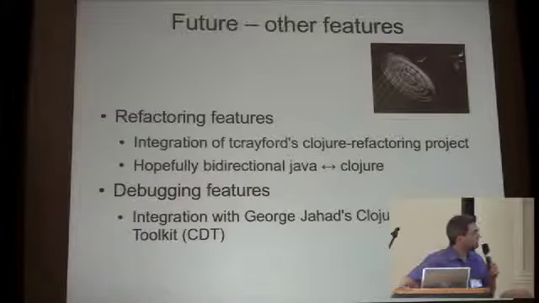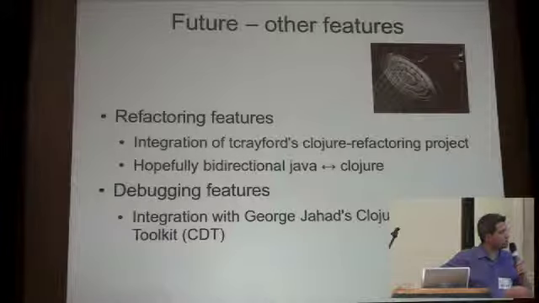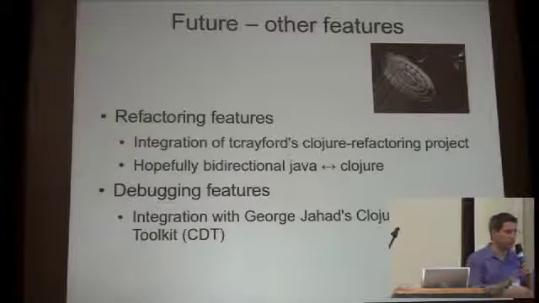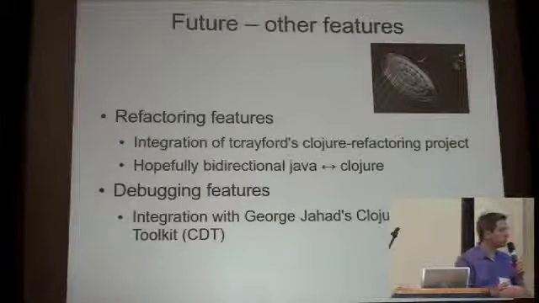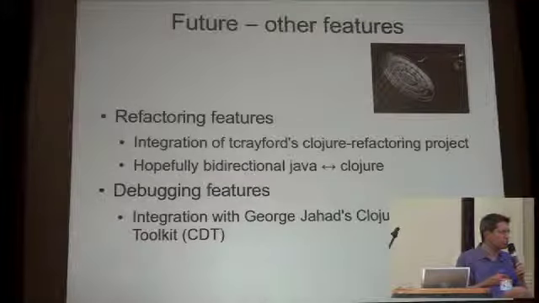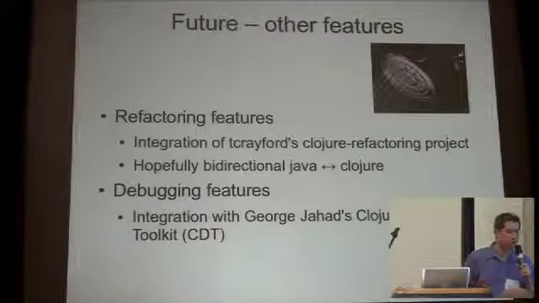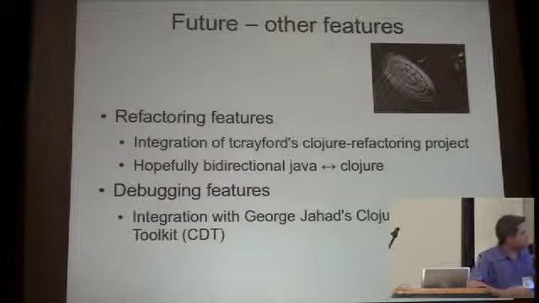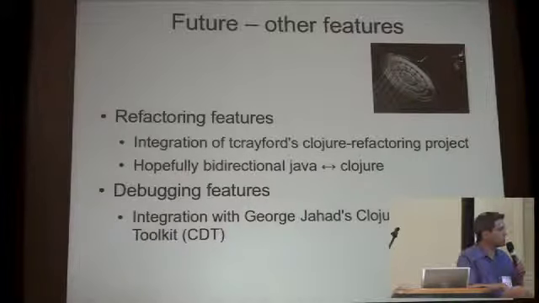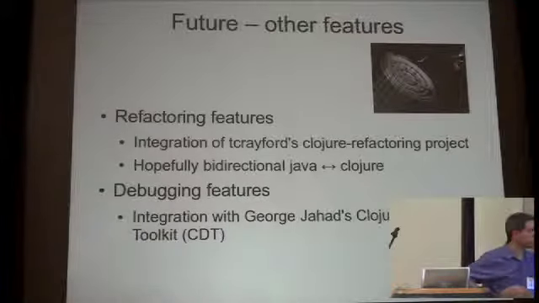Refactoring features, because Tim Crayford has started an interesting Clojure refactoring project. It's totally independent of the IDE, and reusable in any IDE, even if I've seen some Emacs dependencies, but I hope there are only dev dependencies. And beyond this project, I also hope to provide bidirectional Java-Clojure refactorings.